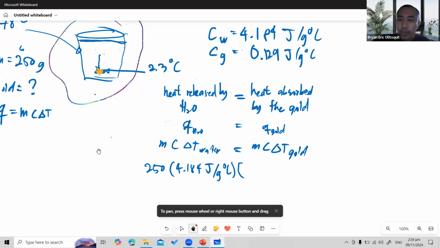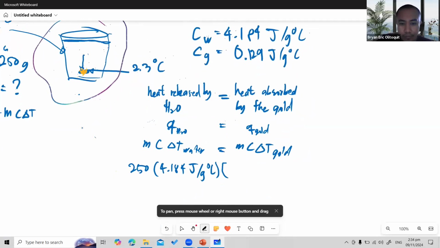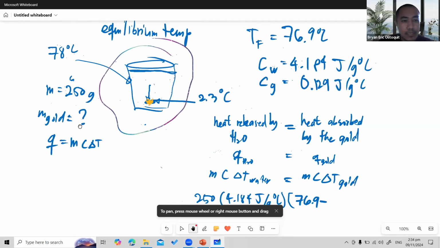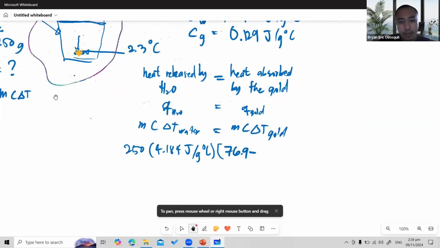So, based sa equation natin, gamitin natin muna yung final, 76.9 minus yung initial temperature niya na 78.